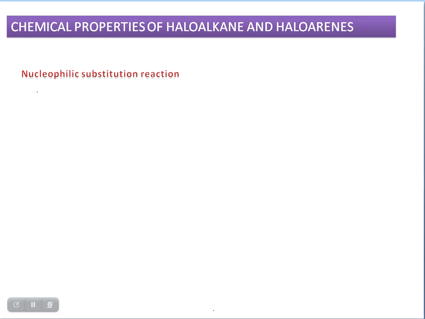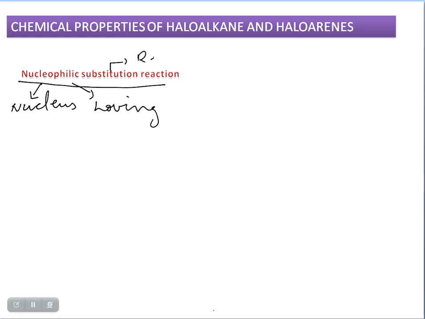Next one is the chemical properties of haloalkanes and haloarenes. Nucleophilic substitution reaction, a very important reaction. First understand: nucleo means nucleus, philic means loving. Substitution means replacement. So it is nucleus loving, so it will be a negative part. The negative part will attract the nucleus.